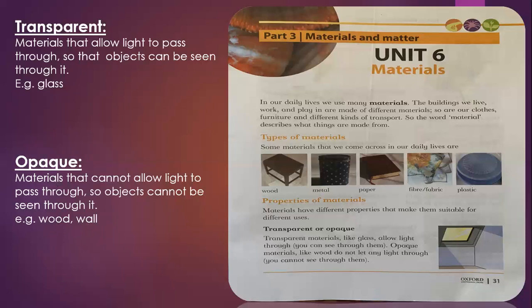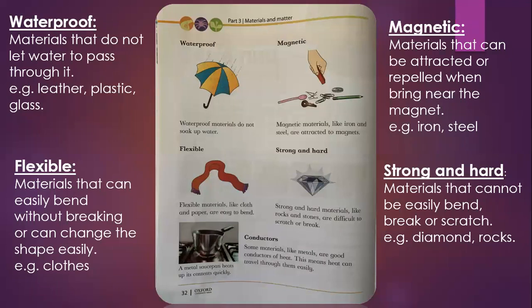Okay, then the next page, page number 32. Which type of material are they talking about? Waterproof. Waterproof means materials that do not let water pass through. That's why we call them waterproof, because water cannot go through them. That's why an umbrella is made of this type of material that cannot allow water to pass through. Which types of materials are these?